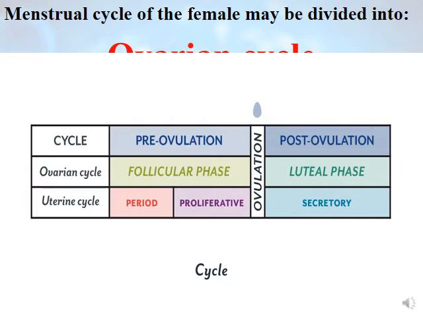Pre-ovulation is called the follicular phase, whereas post-ovulation is called the luteal phase. The uterine cycle is characterized by the proliferative phase before ovulation, which starts with the period or the menses, and the secretory phase, which is the post-ovulatory phase.